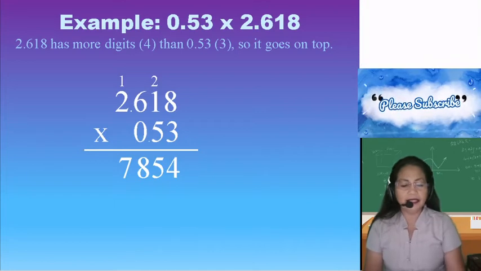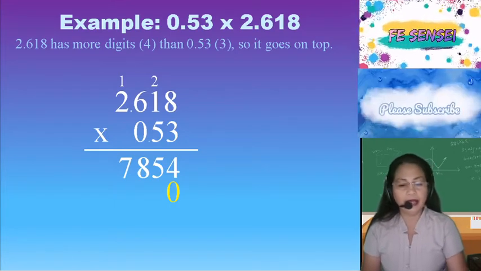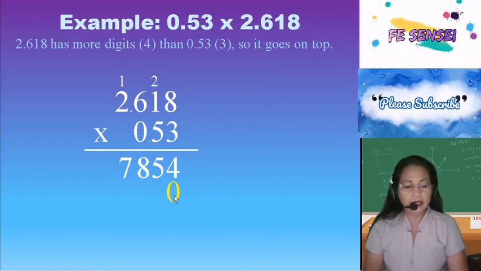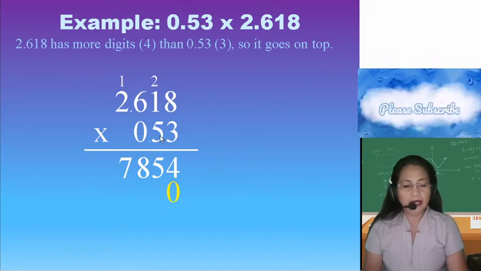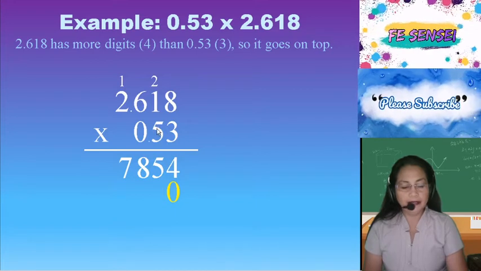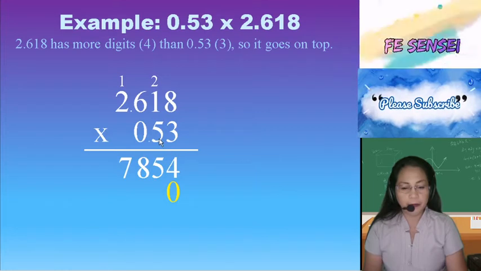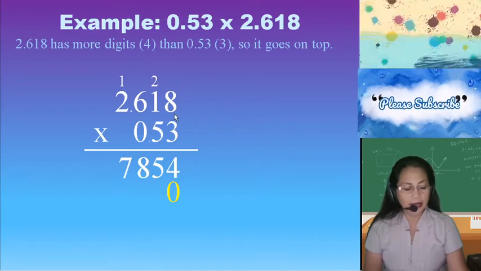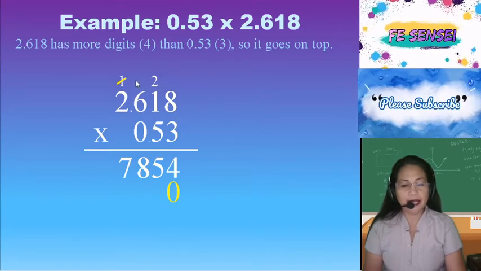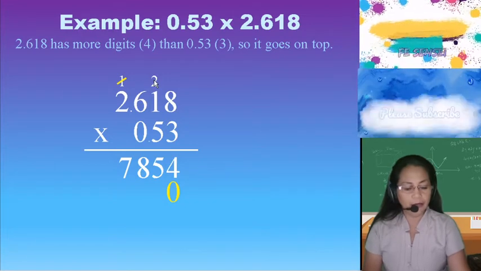Then the second digit. 5 times, you have to write 0 in this place, because the first answer of this number should be aligned with this number. And we have to cross out the carry so that you will not be confused.